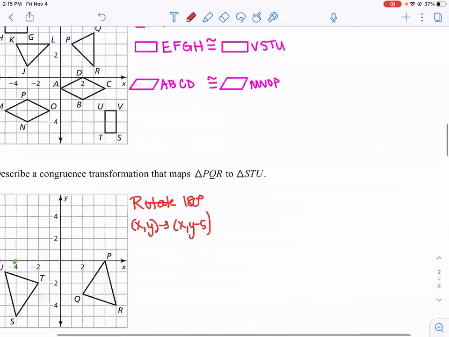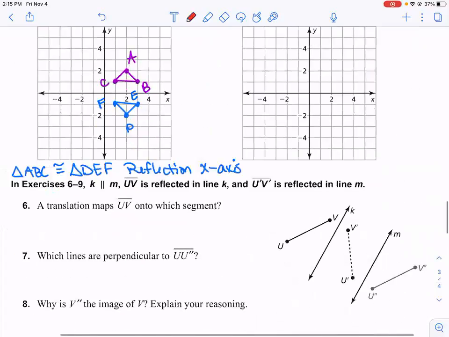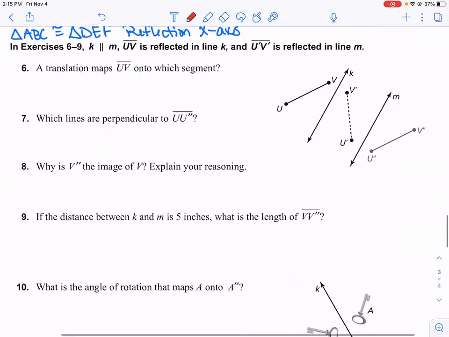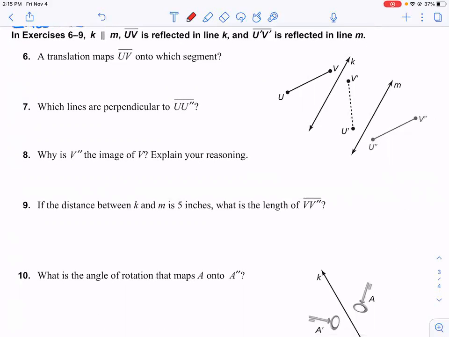So if we turn the page again to this example right here. A translation maps UV. UV gets mapped to which one first? U prime, V prime. Okay.